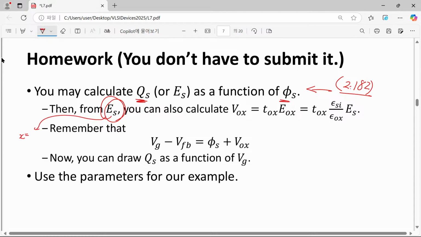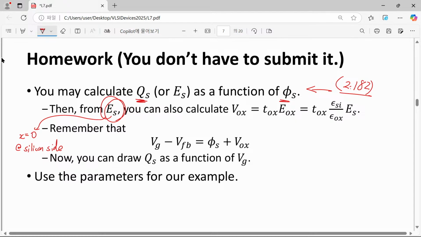Then the next step is, now you know ES, and what was ES? This is the electric field at x equal to 0 interface, but on the silicon side. In order to convert it to the oxide side, we have to consider the ratio between permittivity values, and it happened to be just 3.